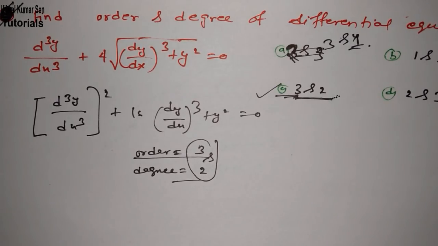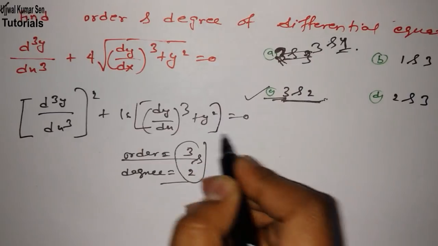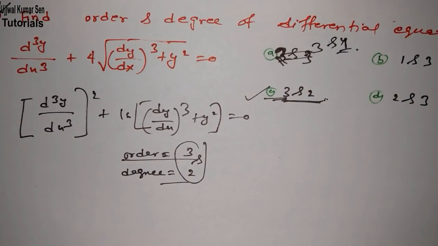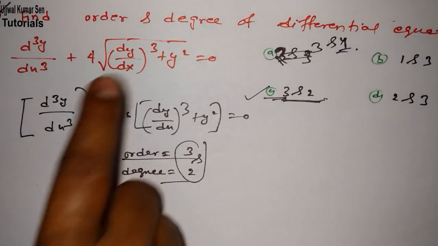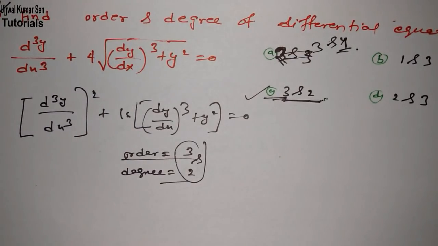There should be a bracket here. I did this because I had to remove this root. So this is the thing to learn, and you should keep it in writing, as you may get a question from this topic in the upcoming examination.